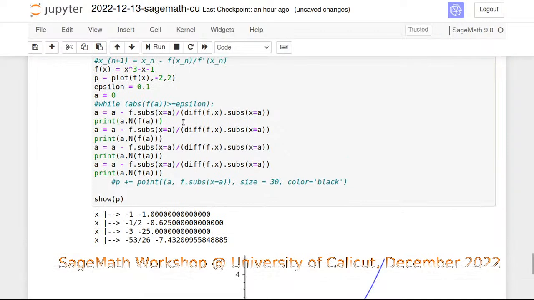In 4 steps, what's happening? There is something wrong with all these things. So what we have done? x n plus 1 equals x n minus f of x n by f dash of x n. The same number we are choosing as x n plus 1.